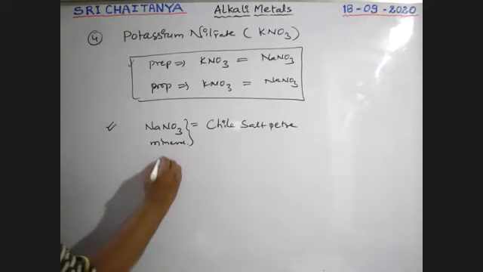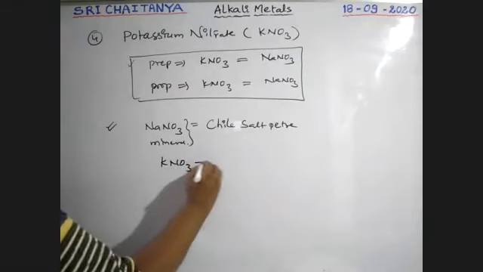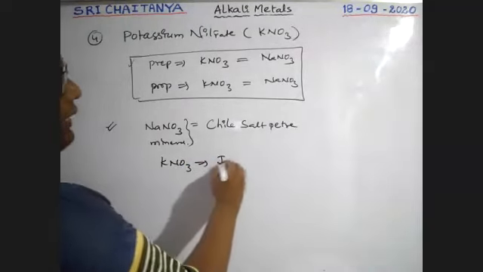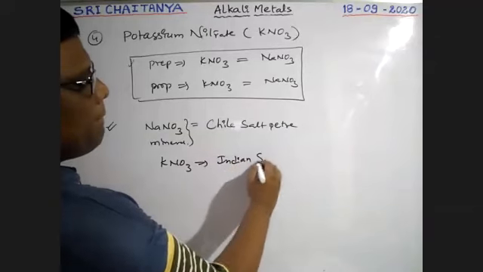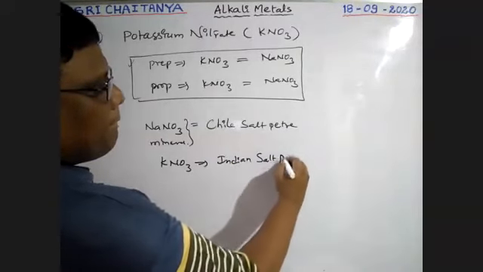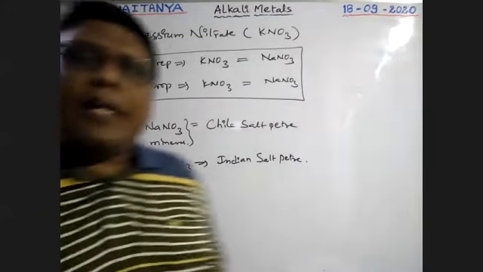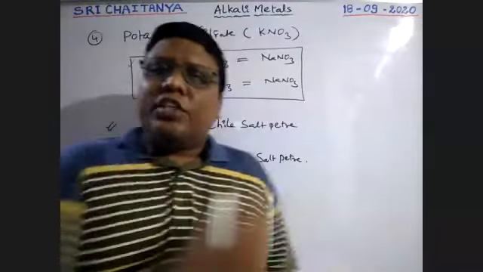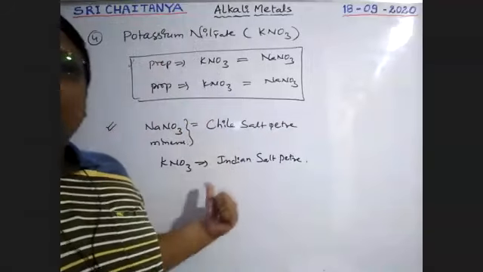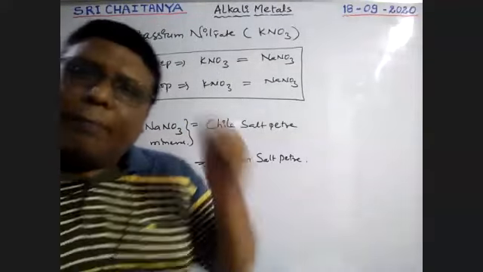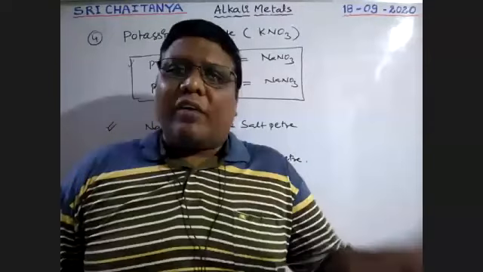NaNO3 is Chile saltpeter. The KNO3 mineral is called Indian saltpeter. Saltpeters are nothing but nitrates. So Chile saltpeter is NaNO3, Indian saltpeter is KNO3. Please keep in mind these points, they may be asked in your exams.